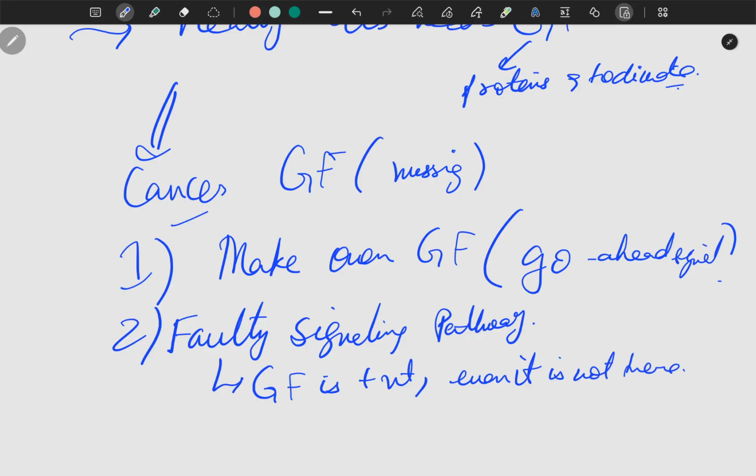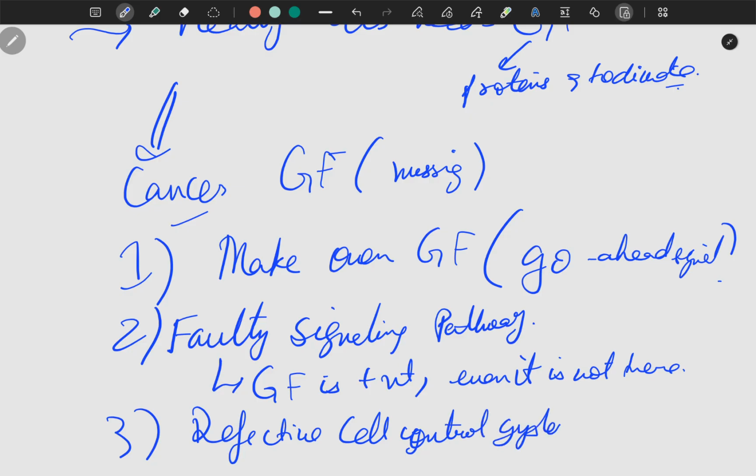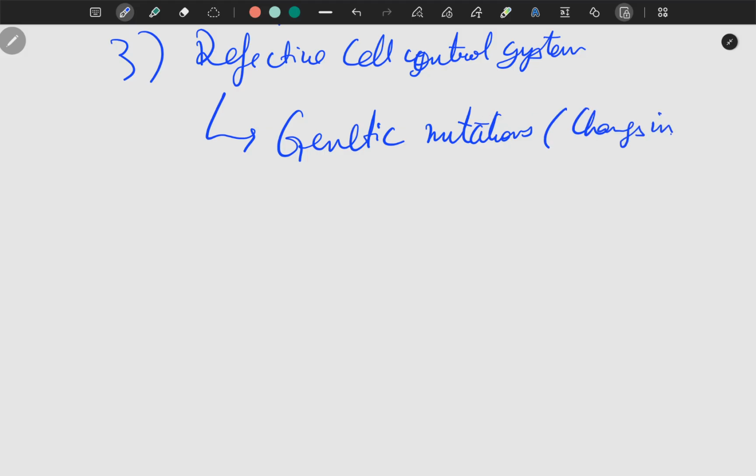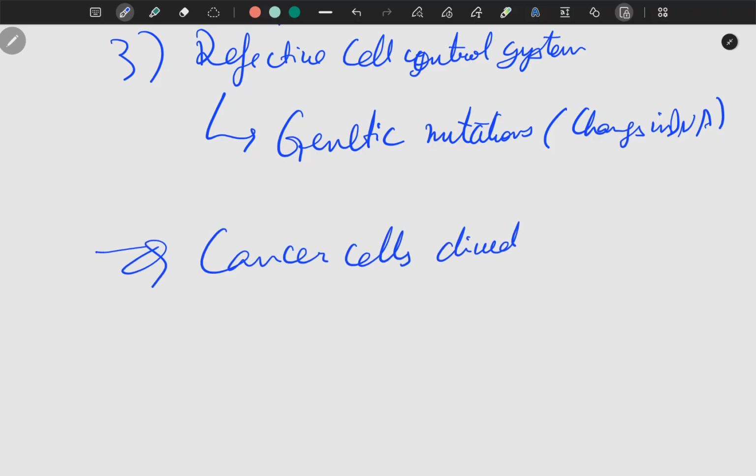And the third thing is a defective cell control system, which is usually caused by genetic mutations, or you can say changes in the DNA. So the main thing is, cancer cells divide without permission.